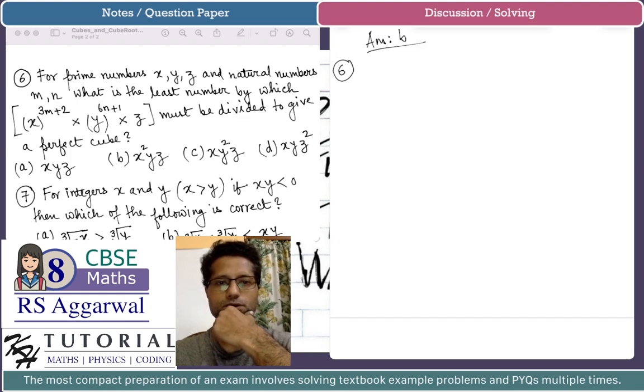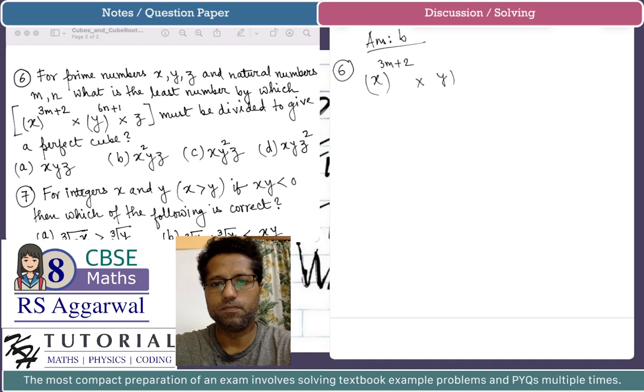Okay, so x, y, z are prime numbers. The number given is in the form of a product of prime factors with powers, and x, y, z are prime numbers and m and n are natural numbers. So the given number is x to the power 3m plus 2 multiplied by y to the power 6n plus 1 multiplied by z.